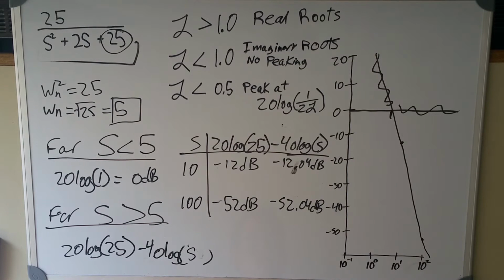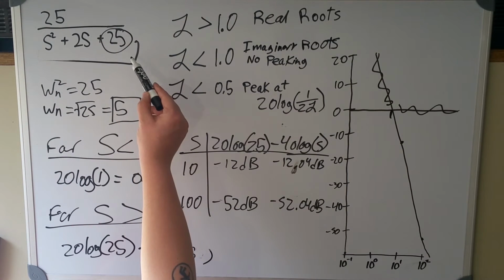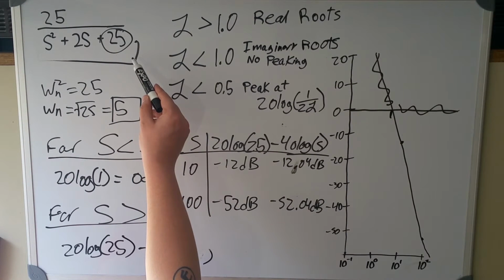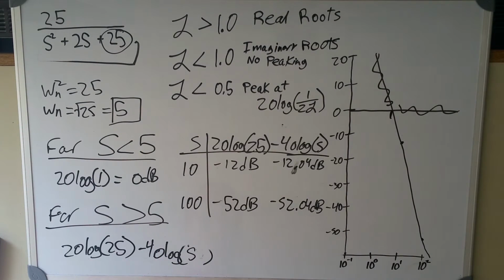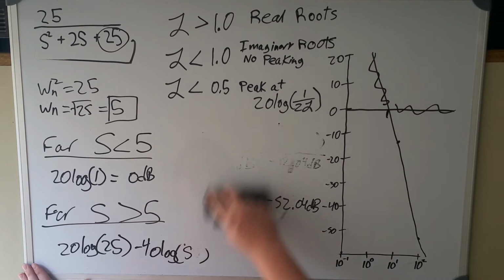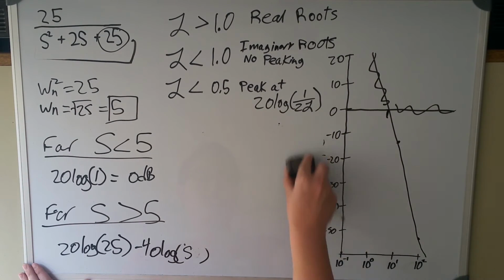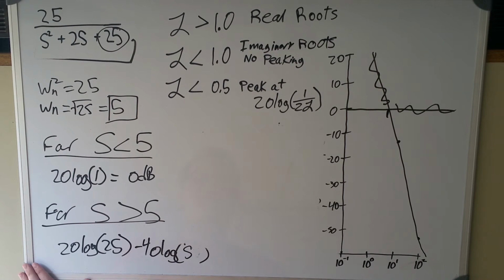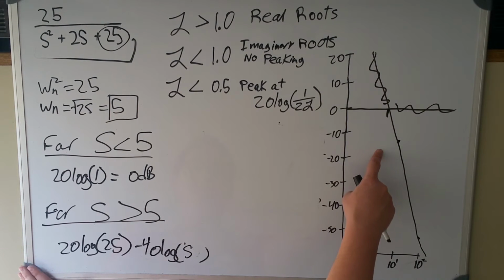An important thing to note is typically this would be the end of the approximation, but if we go back over here with this form not being able to be factored evenly, we have to use zeta to find out if there's peaking or not. And by doing that, we have this scale here that will help us determine if there's peaking or no peaking within this graph.